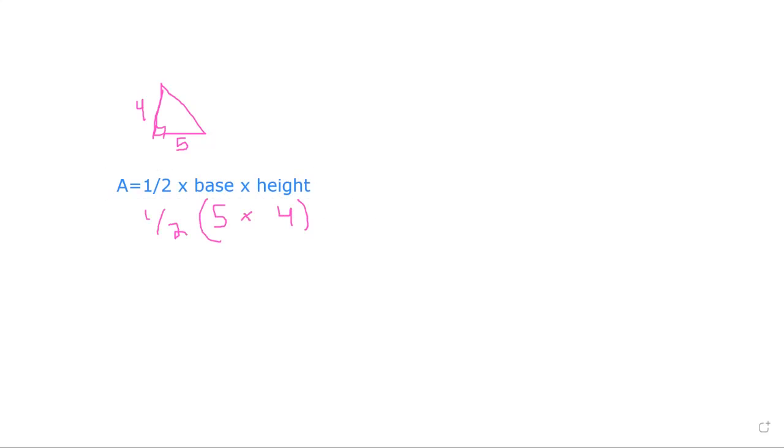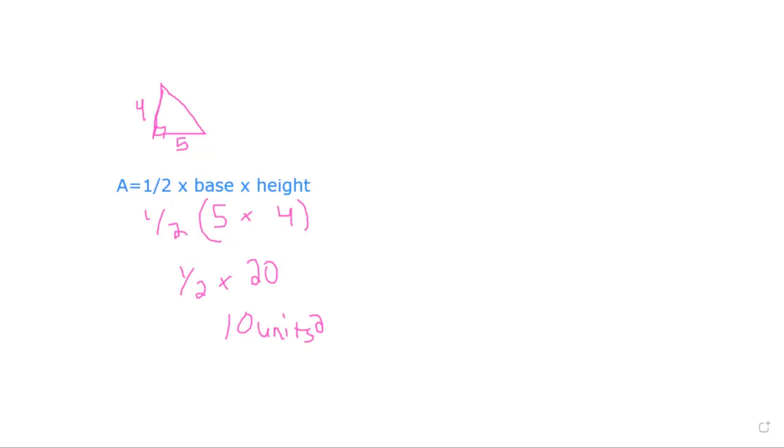So if you remember back to order of operations, we'll put this together. So we have 20. And what's 1/2 times 20? Well, half of 20 is 10. So we would label this as 10 units squared.